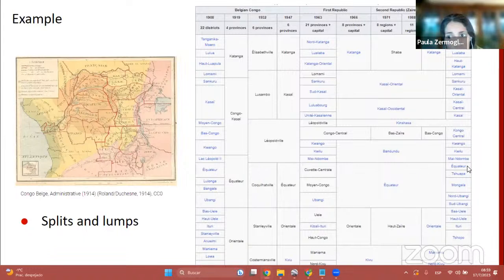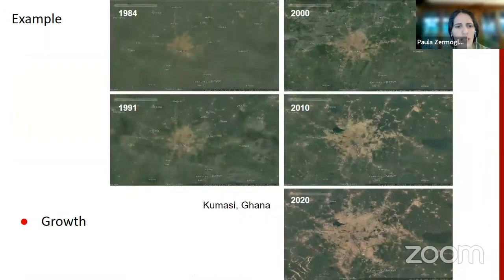Because it could be just this piece, or it could include, in the largest case, all of these previous districts, which are now something different, called differently. So this is a clear example of splits and lumps with respect to the names of geographic entities, or geographic administrative divisions in this case.